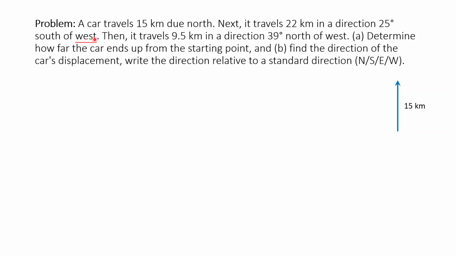First take this. West is here. This side north of west, this side south of west. 25 degrees south of west is this. This angle is 25 degrees. The length of this vector is 22 kilometers.